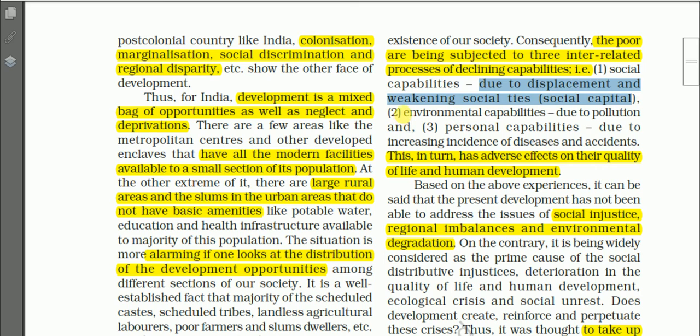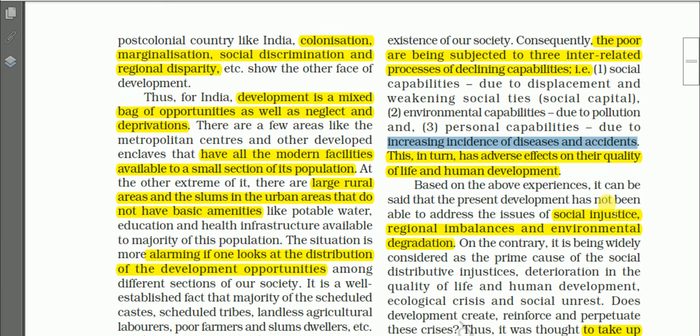Then number two, environmental capabilities decline due to pollution. You know, the environmental capability of the poor section of society declines due to pollution. Then personal capabilities also decline due to increasing incidence of disease and accidents.